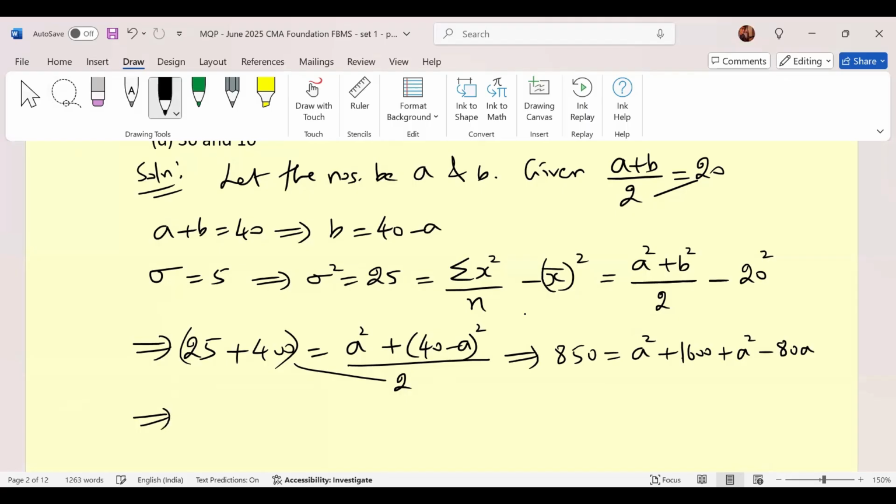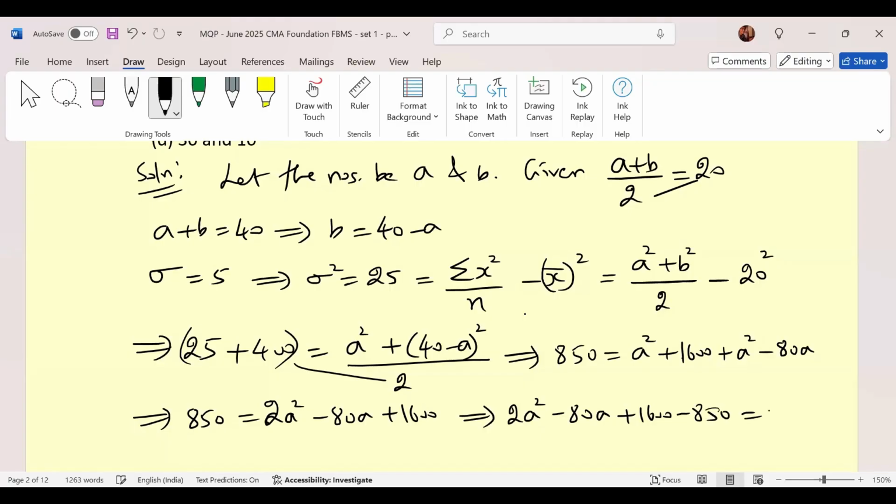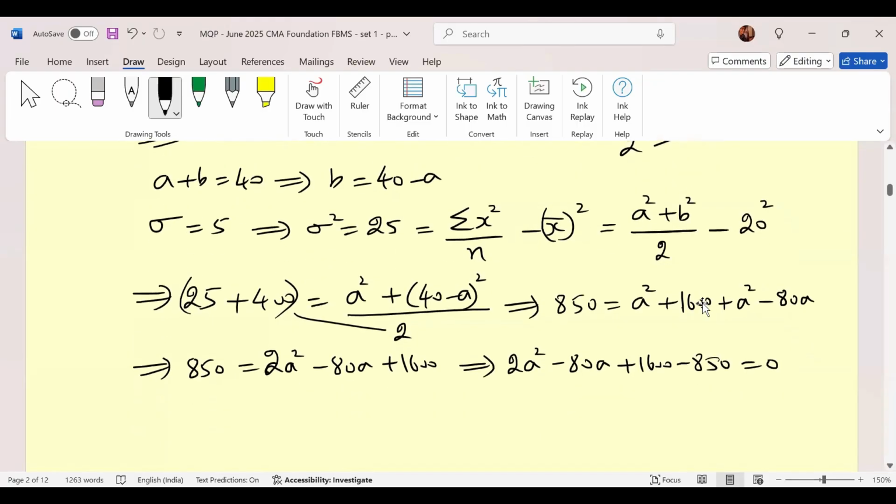So we get now 850 is equal to 2a square minus 80a plus 1600, which is 2a square minus 80a plus 1600 minus 850 equal to 0. That is 2a square minus 80a plus 750 equal to 0.